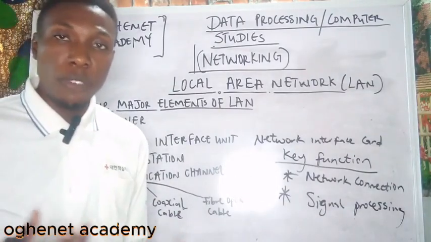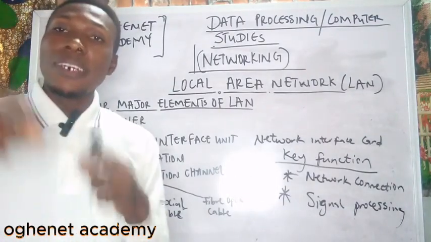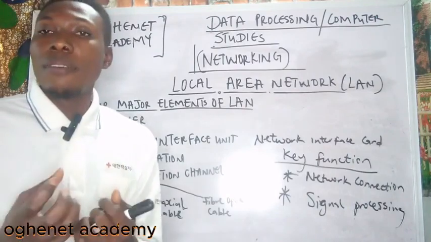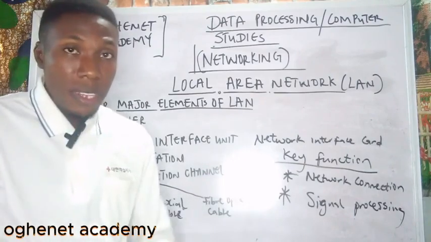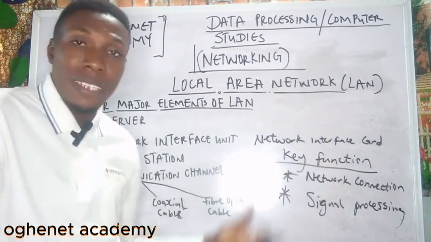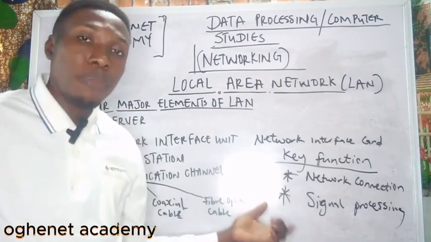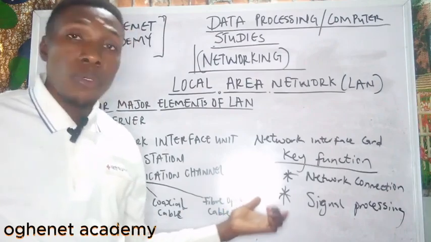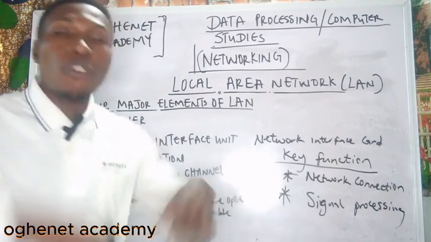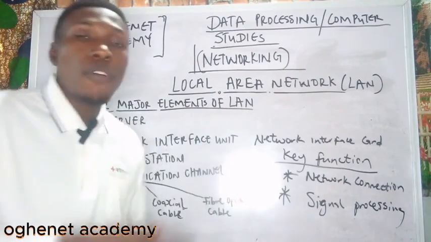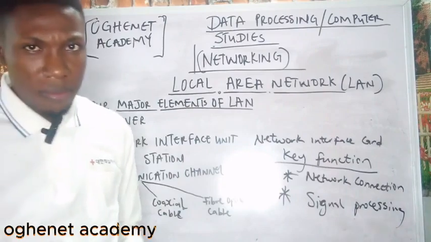Now, what is signal processing here? In the server, the data in the internal format cannot be taken like that to the workstation. There has to be some kind of conversion for it to be transported.